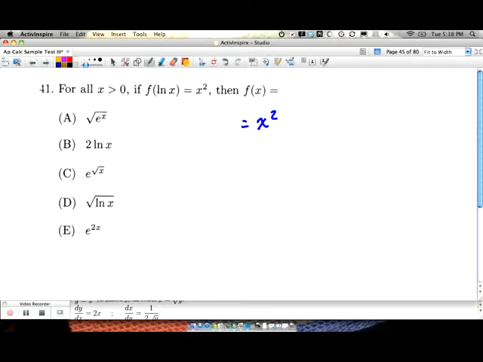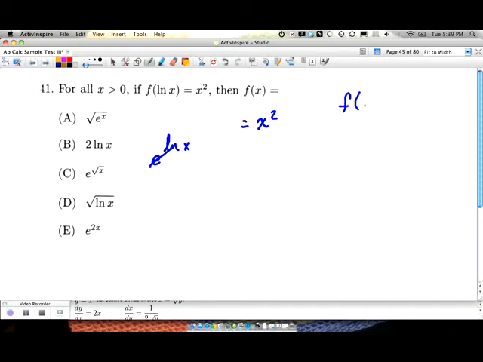Well, what I need to do then is undo the natural log piece in here. So let's say natural log of x is going to be my input. Well, what I'm going to do to my input is raise e to the power of it. Then that means I'm going to have this piece here: f of natural log of x is equal to x squared.